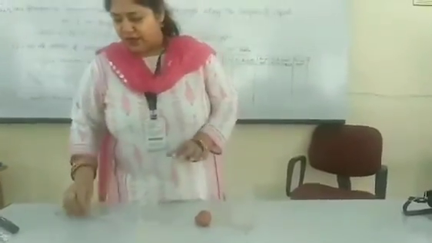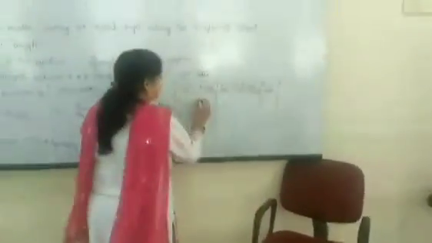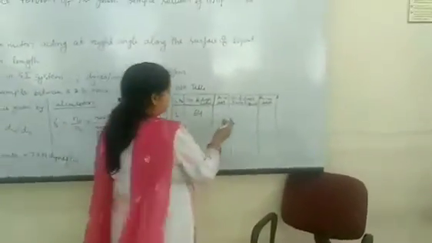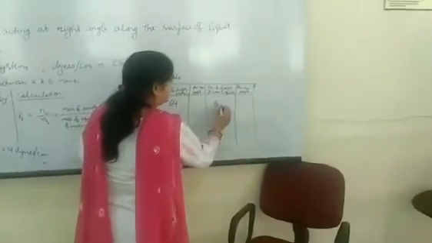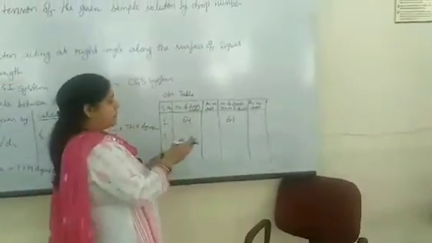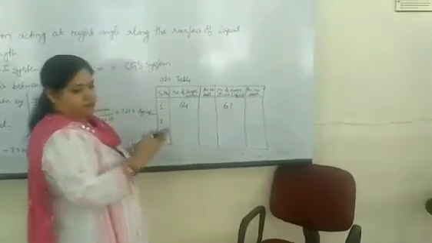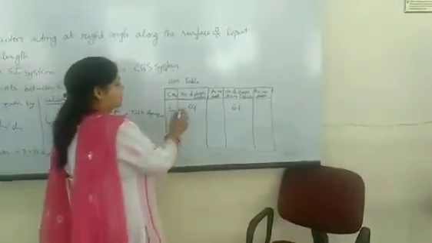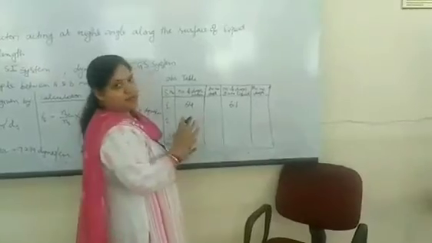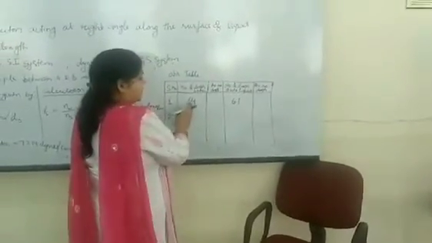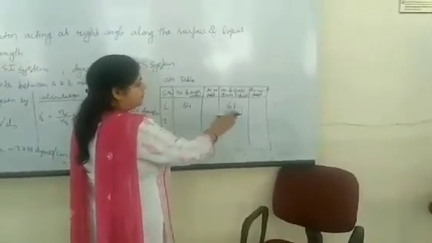So the final readings are 64 for water and 61 for sample. When we take different readings, they will usually differ by plus minus 1. So we can take different readings and then calculate.